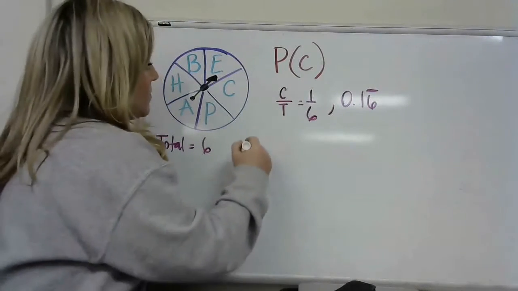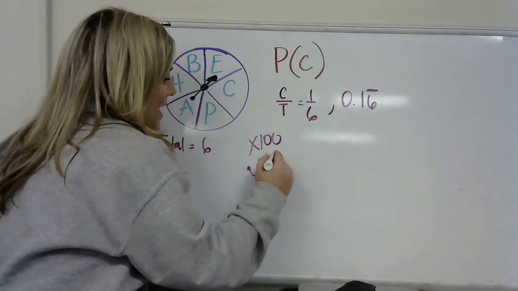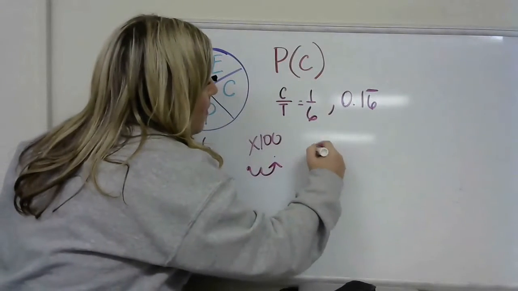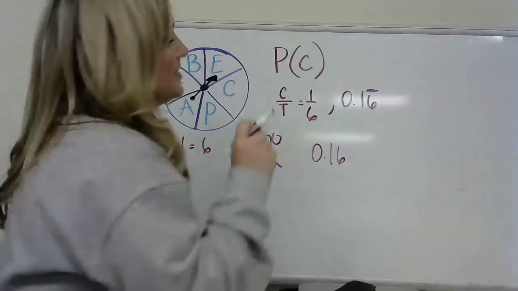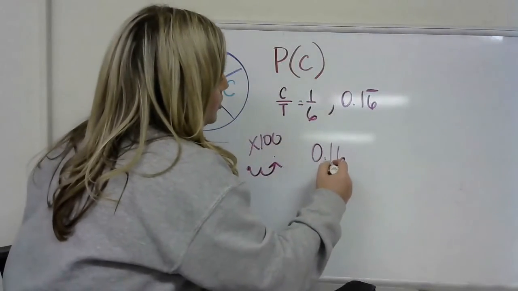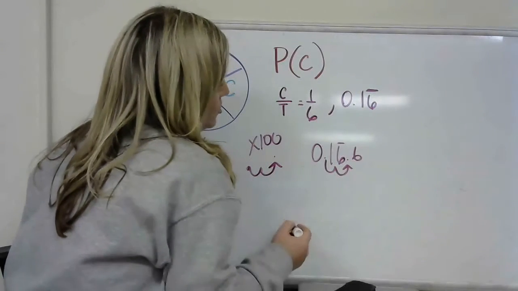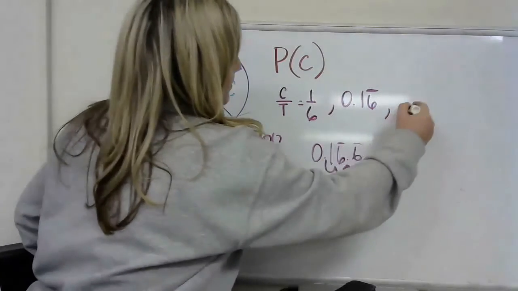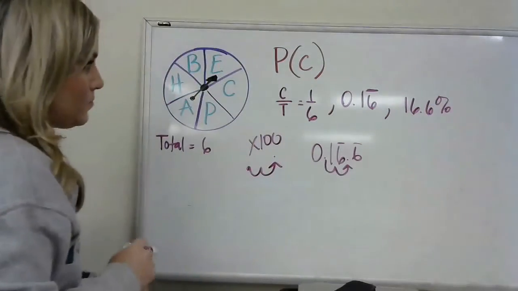It's a Monday. Times 100, I was right the first time. We're moving our decimal to the right 2 places. Sorry, guys. It is Monday. And you're actually going to be watching this next Monday. So I'm going to go 2 places. Boom, boom. But this is repeating, so that's actually repeating 6. So it would really be 16.6 repeating percent, okay?